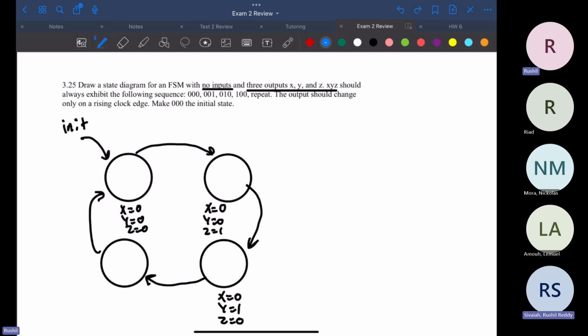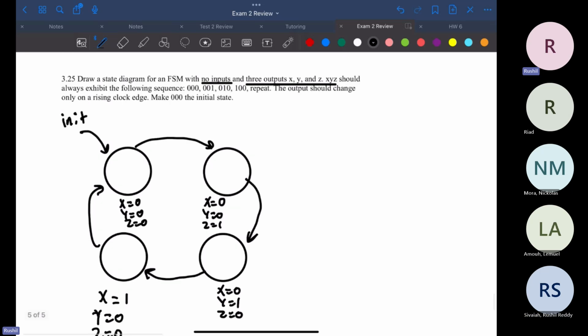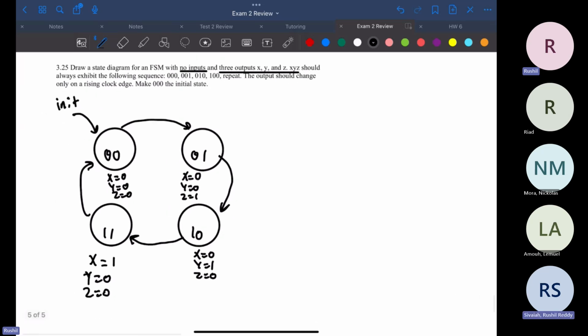Okay, and then I'll go to the last one real quick. And that should be it. What are the states?